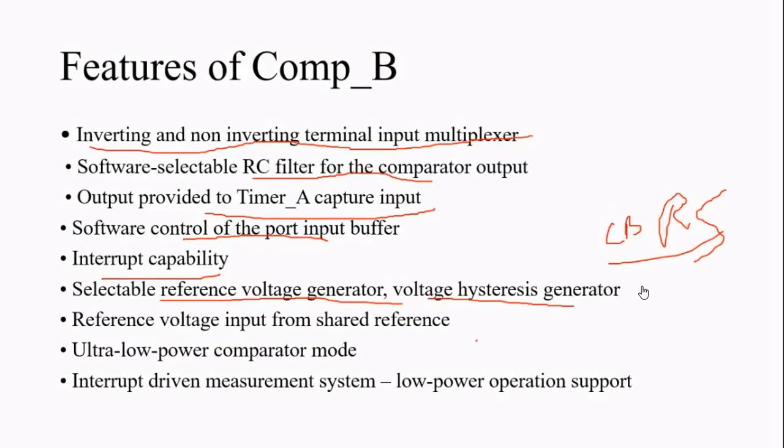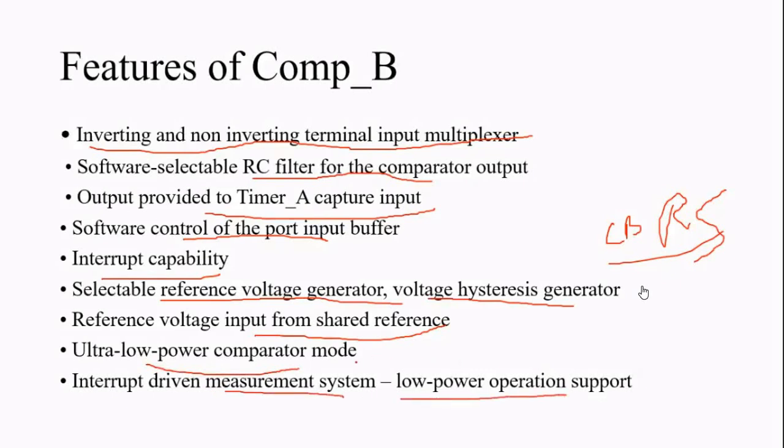Next is reference voltage input from shared references. There are four types of shared references, and you can select any one reference voltage from the shared ones. Then there are ultra-low power comparator mode, interrupt driven measurement systems, and low power operation support.